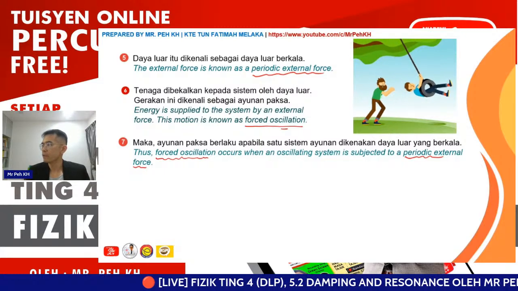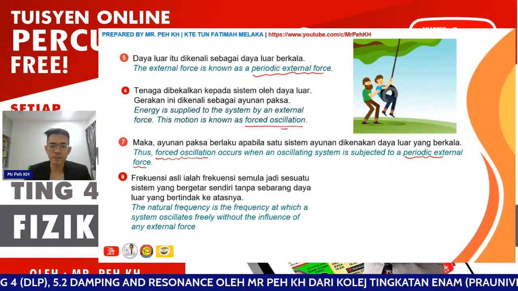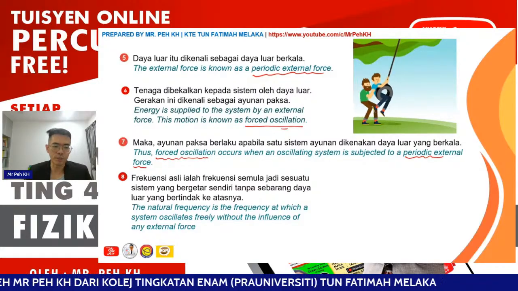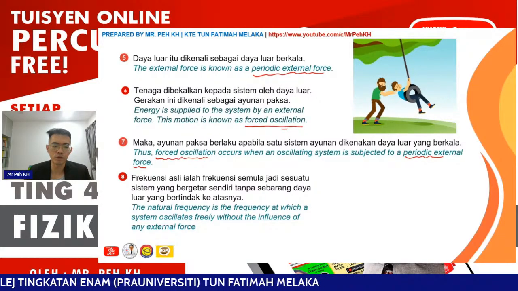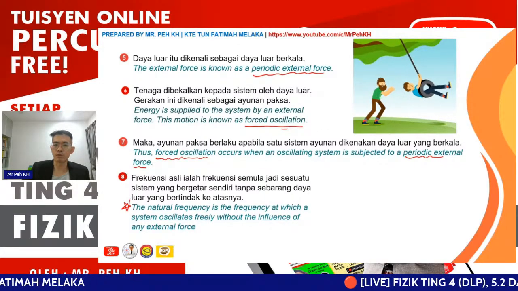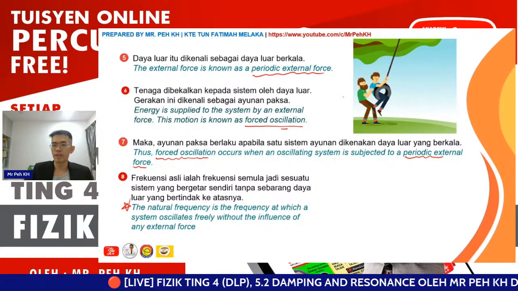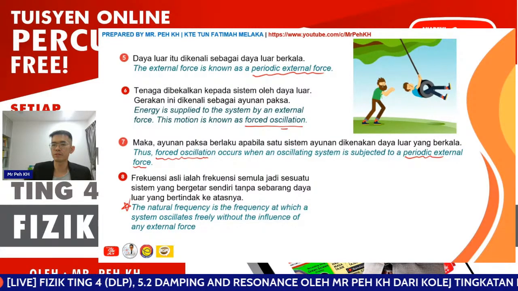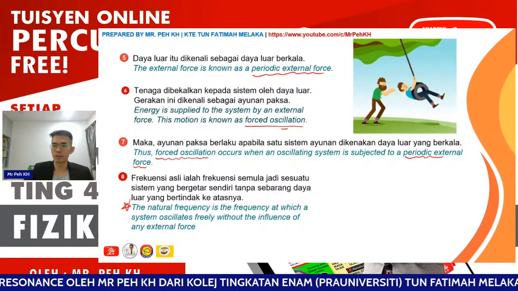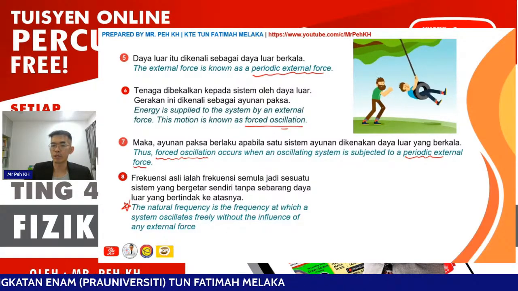Okay, then the natural frequency is the frequency at which a system oscillates freely without the influence of any external force. So these are the meanings. Just now we explained that the external force is a periodic external force, a driving force that causes the swing to continue to swing with large amplitude.